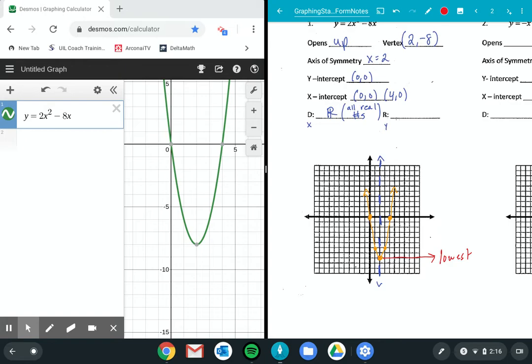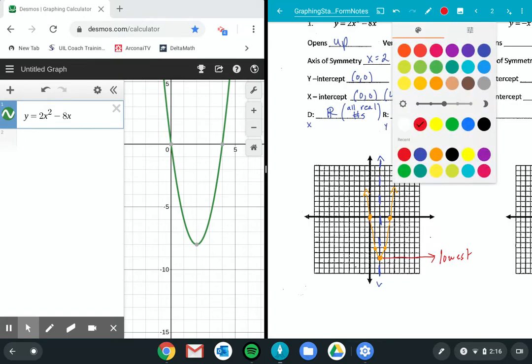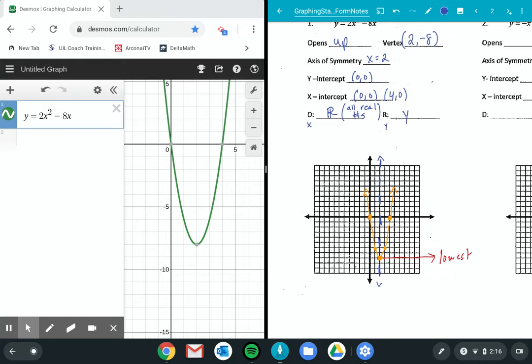Now, being that my range is y, I need to write a y. Now, what would be a good inequality that I could write that would represent that all of my points on this graph are above this vertex? Because if you look at the line, after my vertex, every other point on this line is going up, so it's greater than it. So, I just said it. It's greater than, but it could also be equal to it, because everything here is a solid line, and everything is going to be equal to in regards to domain and range, which makes my life simple.